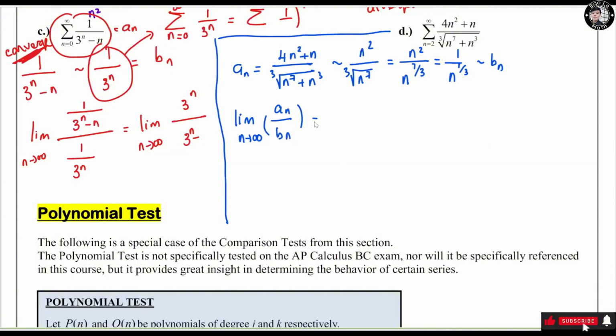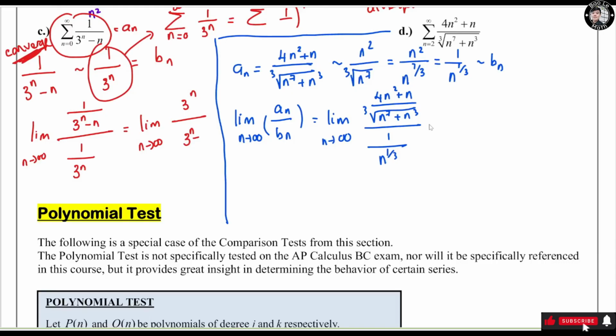So it's going to be the limit of 4n squared plus n over the cube root of n to the 7 plus n cubed, over 1 over n to the 1/3, when n approaches infinity.